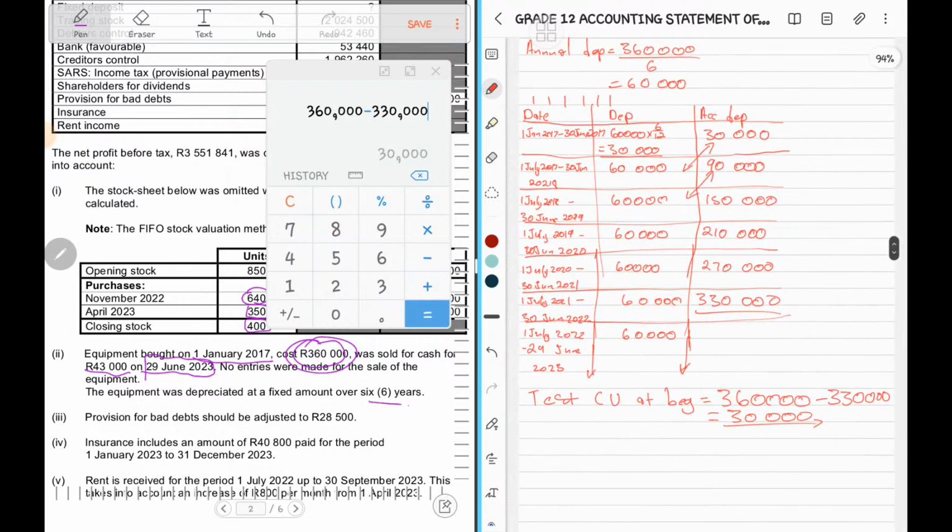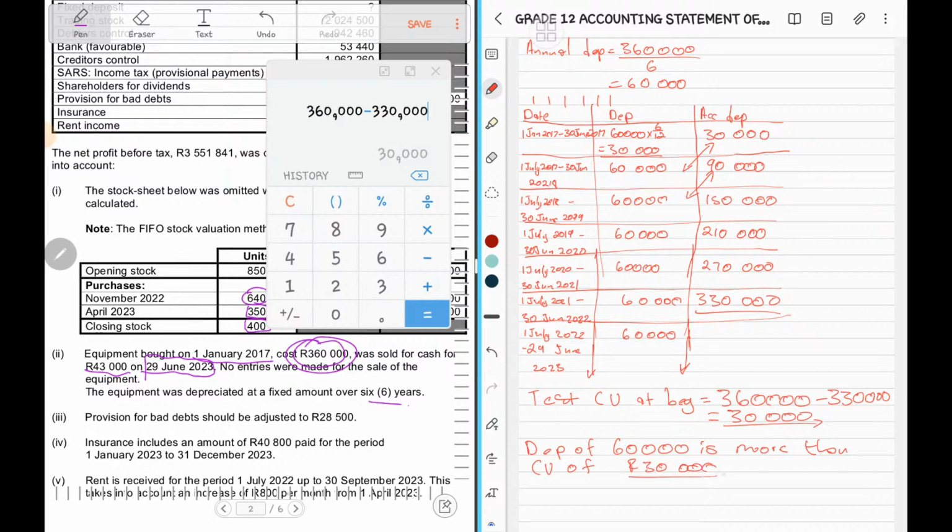The depreciation of 60,000 exceeds it. So let me say the depreciation of 60,000 is more than the carrying value of 30,000.